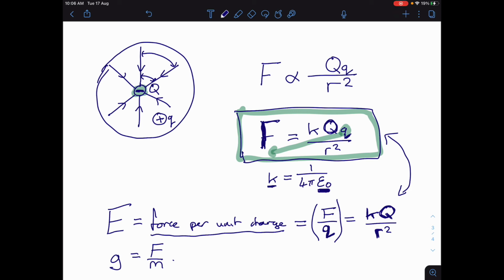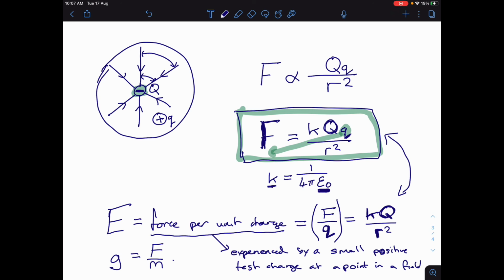Now just onto some definitions. To elaborate on the definition of electric field strength, we say that the electric field strength is defined as the force per unit charge experienced by a small positive test charge at a point in a field. The positive is very important.